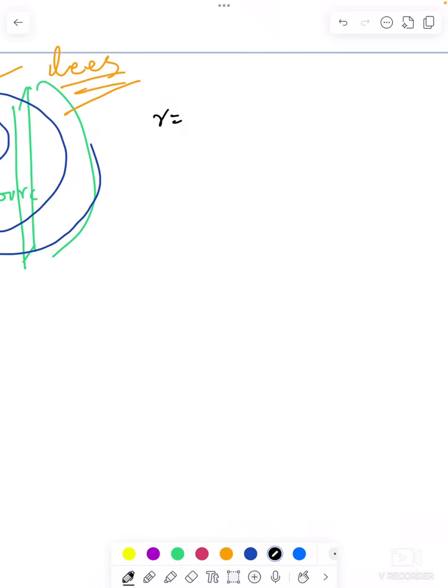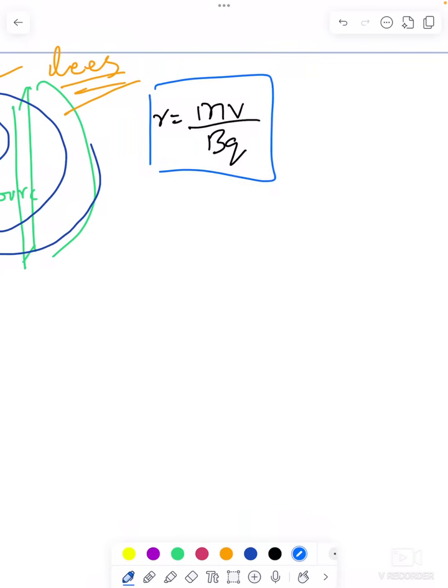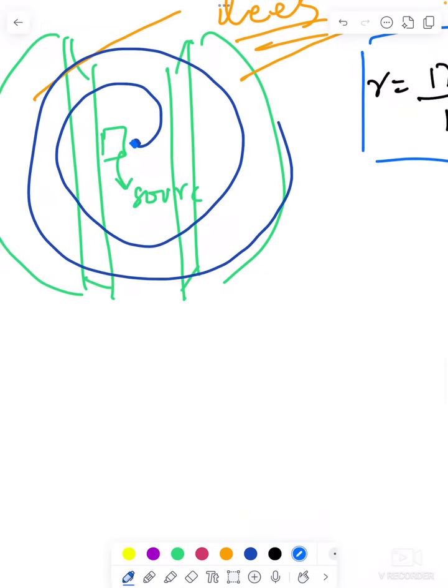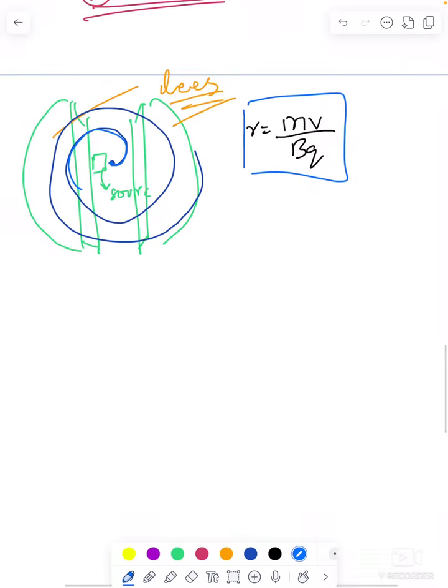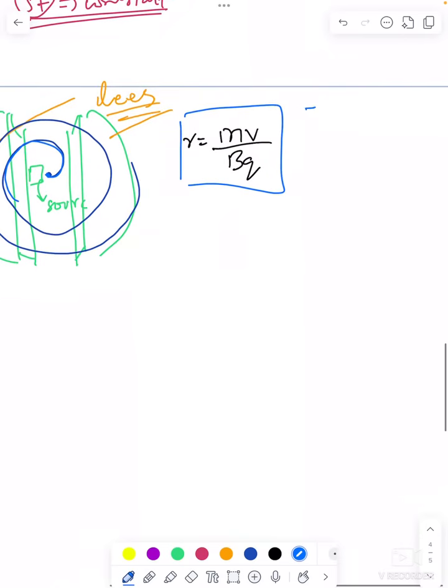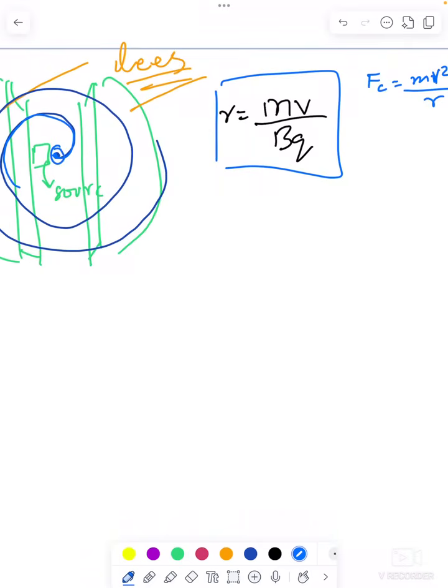For a cyclotron, to explain it, we use an equation known as r = mv/bq. The origin of r = mv/bq is because we know that when it's moving in a circular path, it is acted upon by centripetal force, which is mv²/r. For a particle being accelerated, the force acting on it is F = bqv.